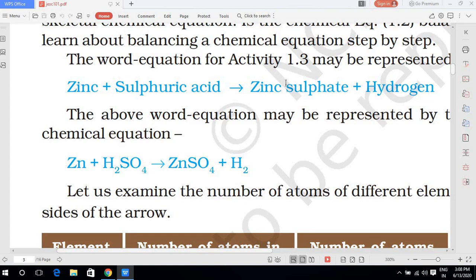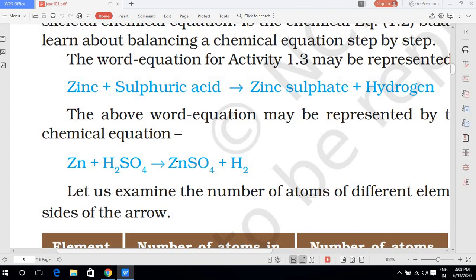Similarly, instead of writing zinc sulfate as a long name consisting of two long words, we can compress it into one short form.